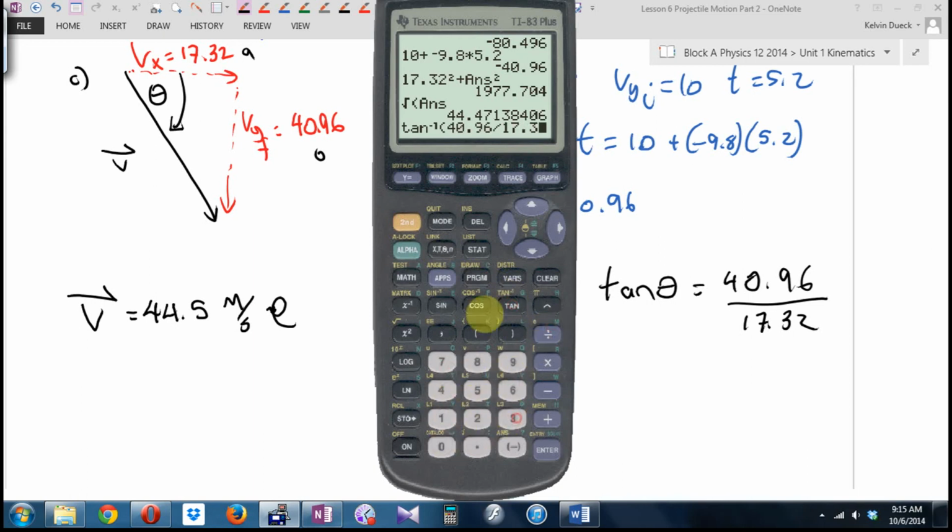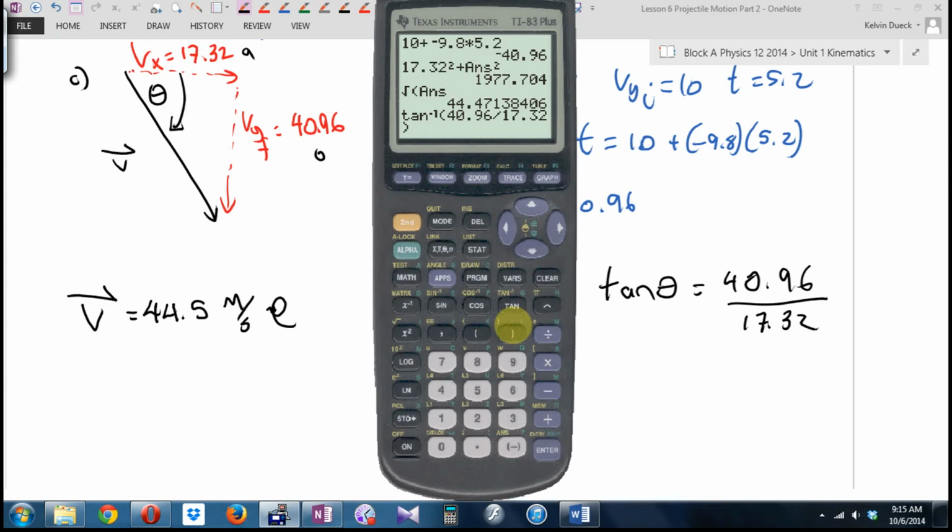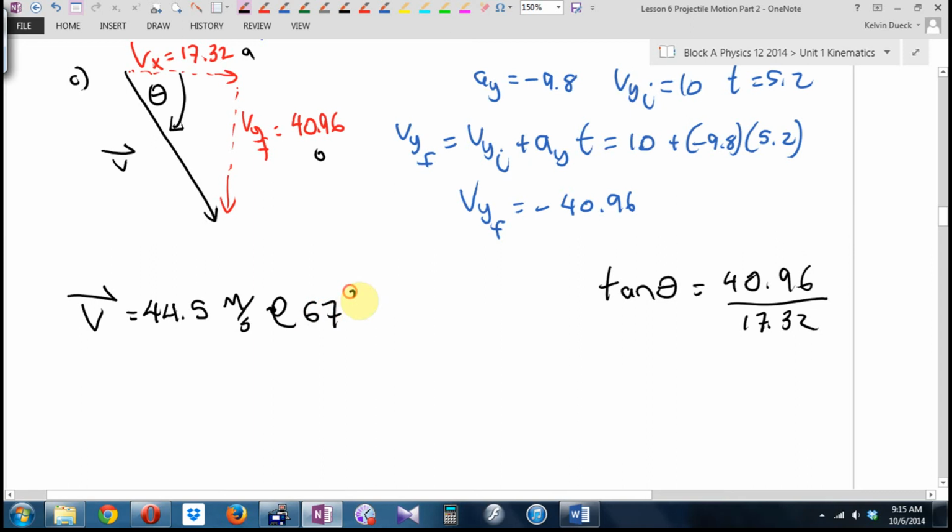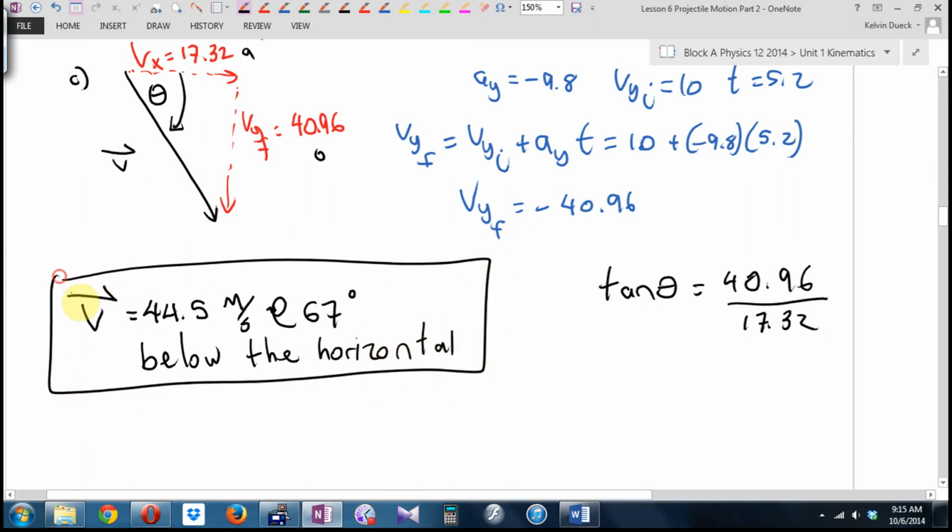And don't forget to add a direction, a theta.